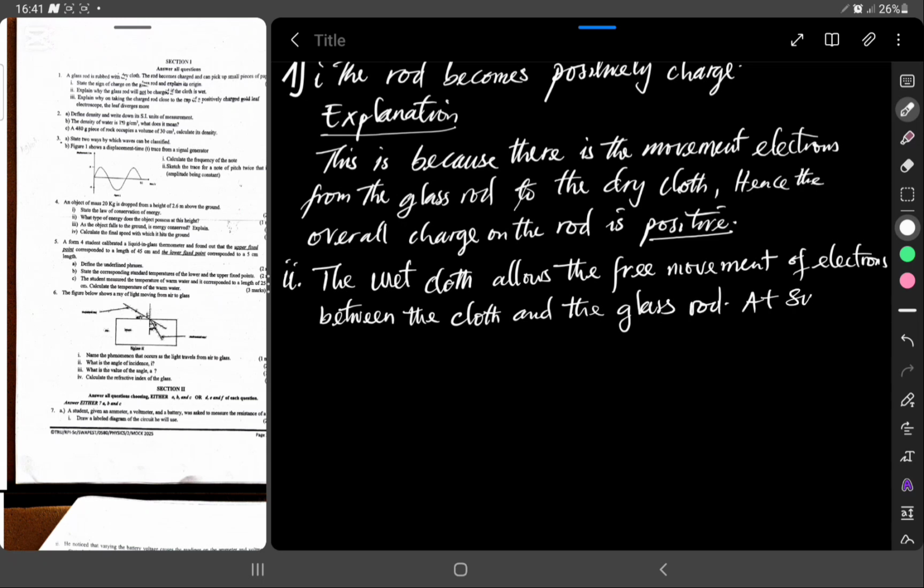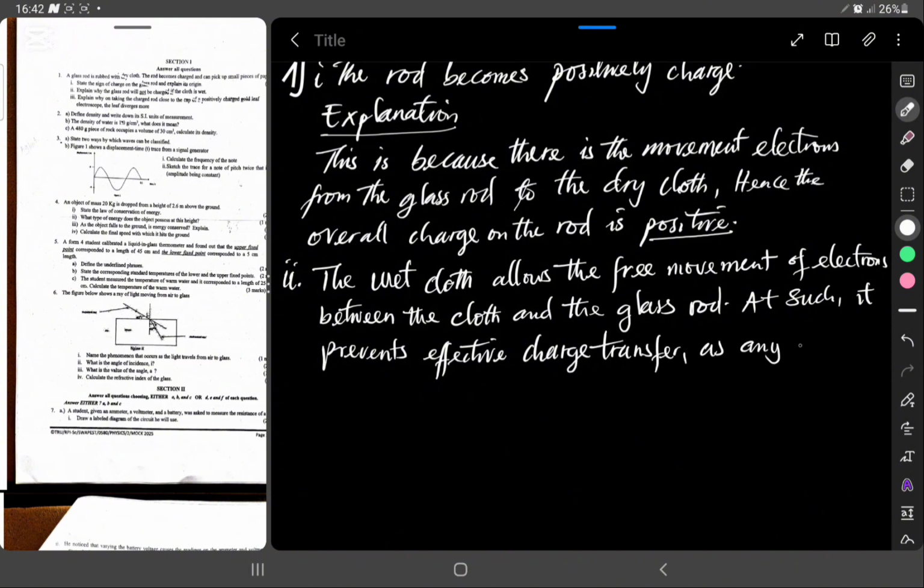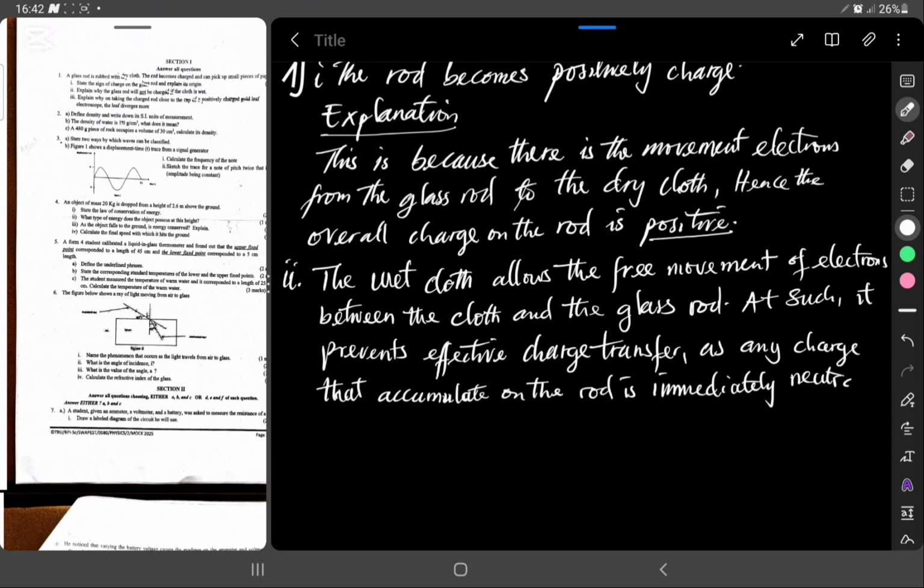As such, it prevents effective charge transfer, as any charge that accumulates on the rod is immediately neutralized by the wet cloth.